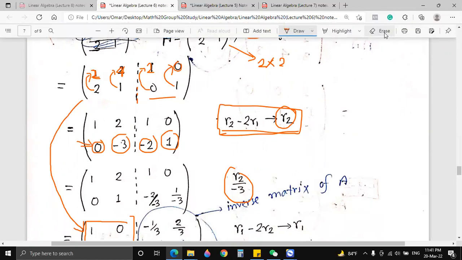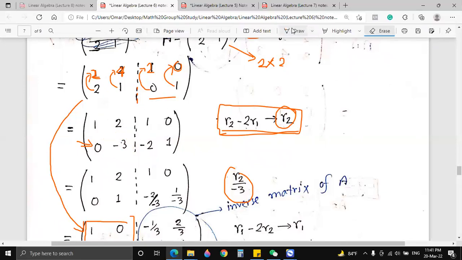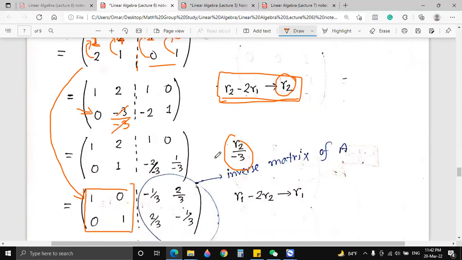Okay, and now we have to make our main diagonal as 1, right? We have to adjust our main diagonal. So we wanted all the entries in the main diagonal as 1. That's why we can just divide the second row with minus 3. So if I divide the second row using minus 3, this minus 3 gets cancelled, and I again get 1, right?